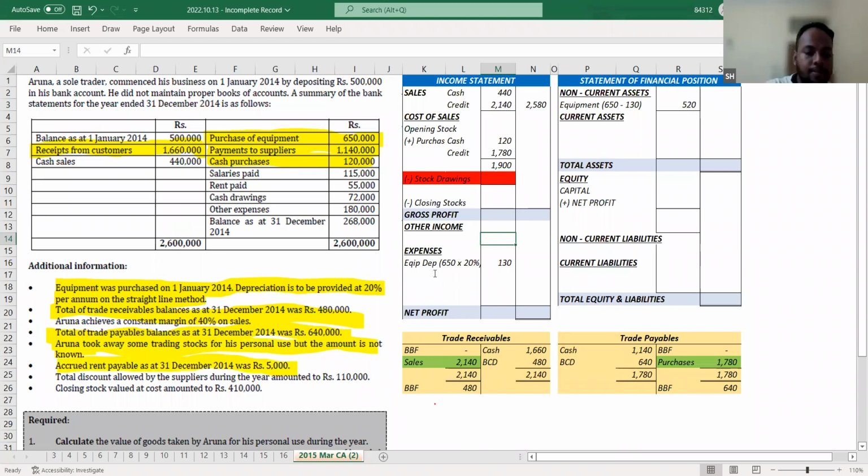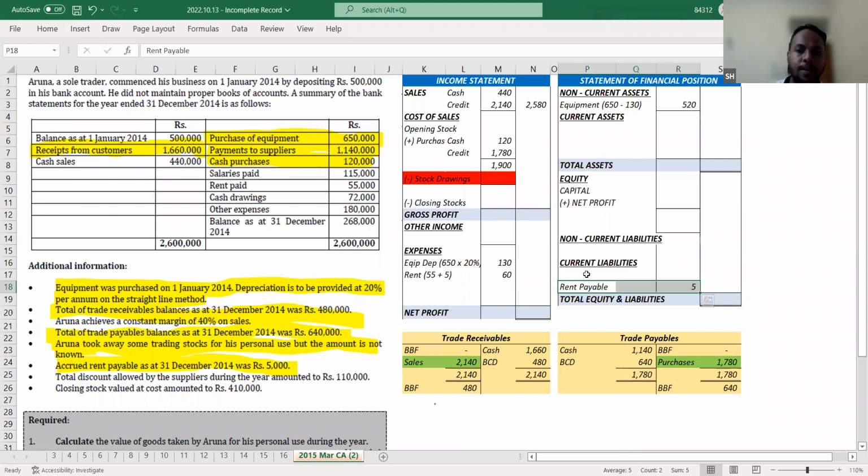So let's see how much is the rent paid. Rent paid is 55 plus accrued is 5, so total 60. And this is a current liability, rent payable, 5,000.